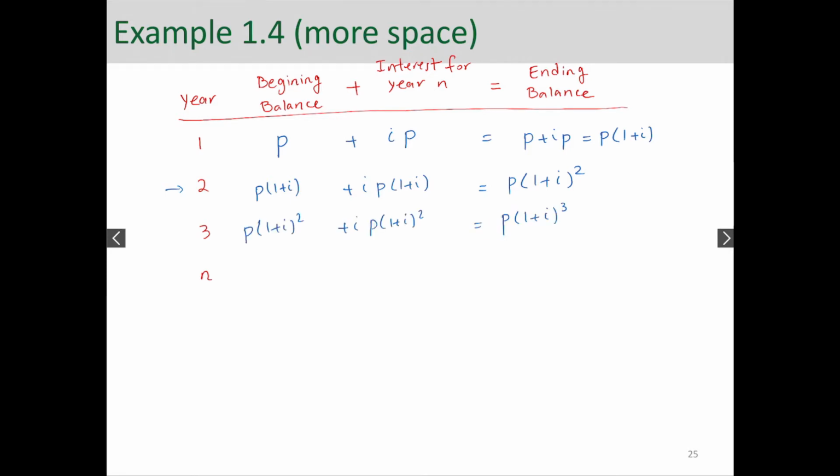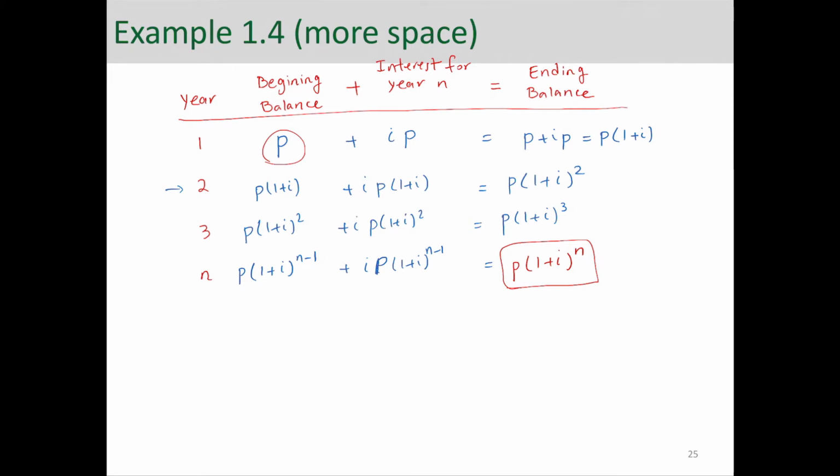So in year N, the beginning balance would be P times 1 plus I to N minus 1. And then the interest would be I times that. And the ending balance after N years would be P times 1 plus I to N, right? In other words, we started with P as the present sum of money in year 1, and then that became P times 1 plus I to N after N years.